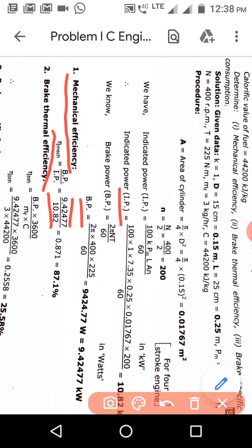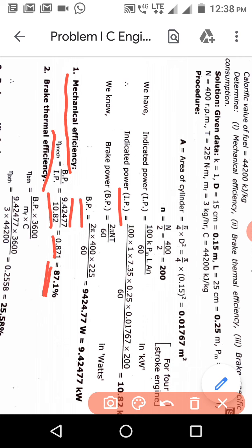By solving this equation, we got the mechanical efficiency equal to 0.827. That is not in percentage, so we multiply by 100 to get the percentage form. So 87.1% is the mechanical efficiency.